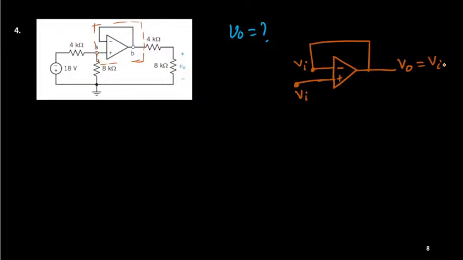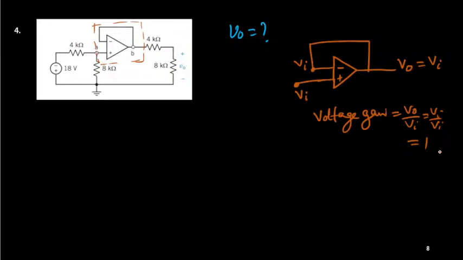So input is VI, output is also VI. So what is the voltage gain? V naught by Vi will be Vi by Vi, and that is equal to 1. So gain is 1, meaning unity.